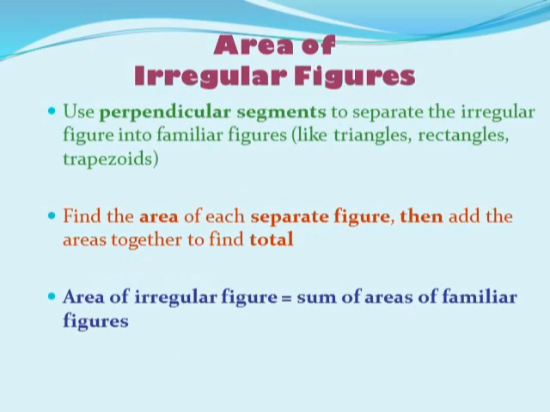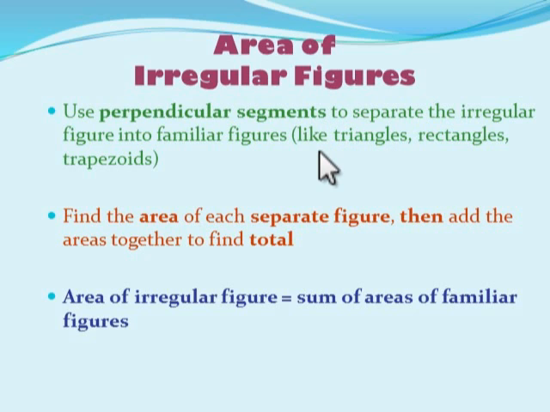All right, let's go to our next slide. We also can take the area of any kind of irregular figure. Remember that irregular figures do not have same size angles or same size sides. We can use perpendicular segments to separate the irregular figures into figures that are more familiar, like triangles, rectangles, trapezoids.